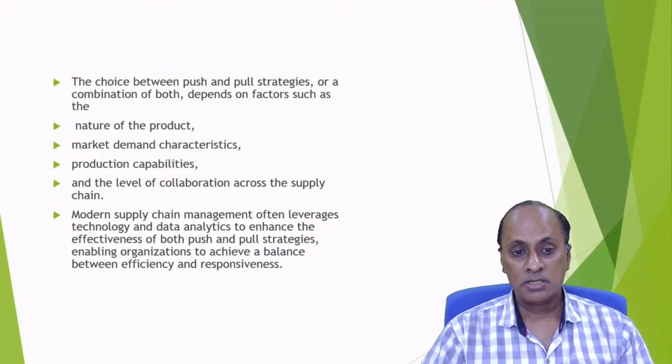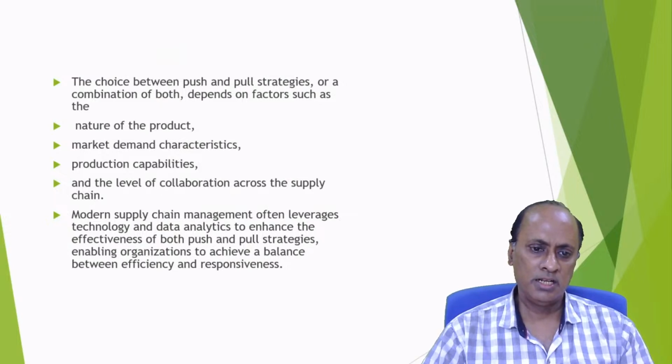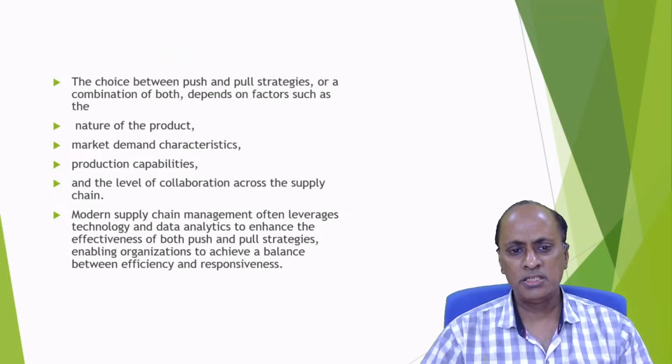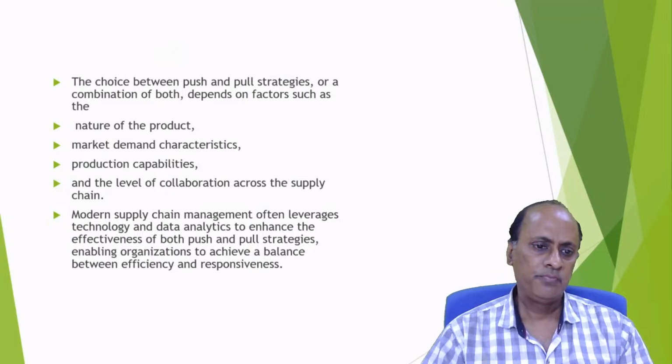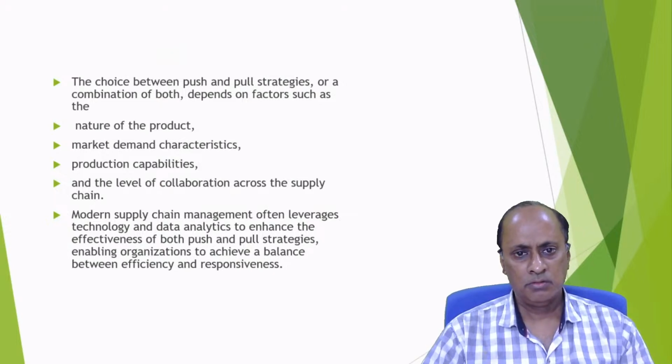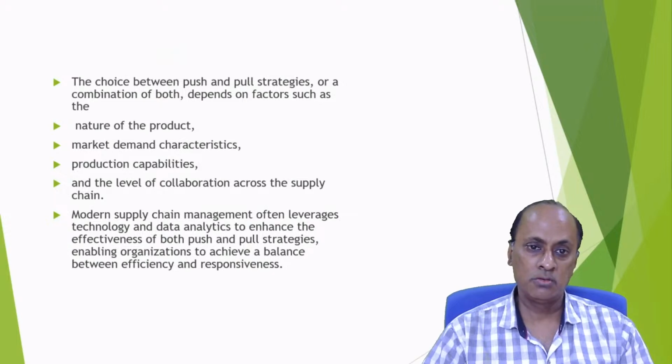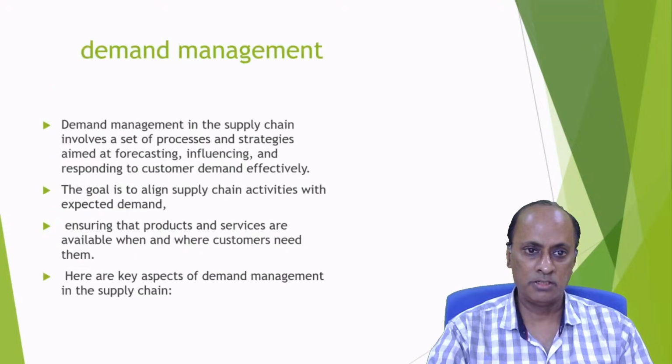So, modern supply chain management takes the help of technology such as data analytics to increase the effectiveness of both push and pull strategies. Both are handy and useful strategies for supply chain management, but the choice is determined by different factors: the nature of the product, market demand, production capability, and level of collaboration.